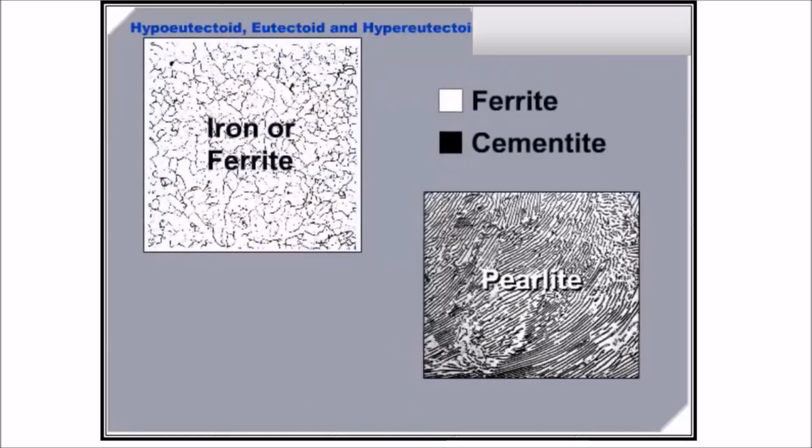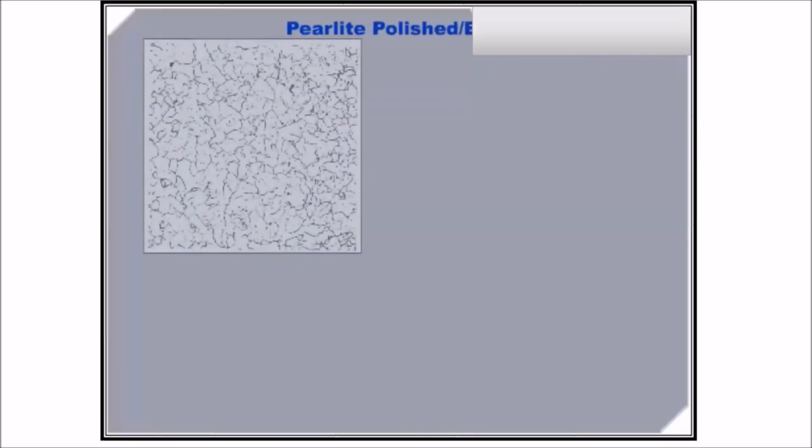The technique of polishing and using an acid etch reveals the microstructures, which are shown in the displays on your screen. The display on the top portion of your screen shows the typical microstructure of commercially pure iron, or ferrite, with almost no carbon content.